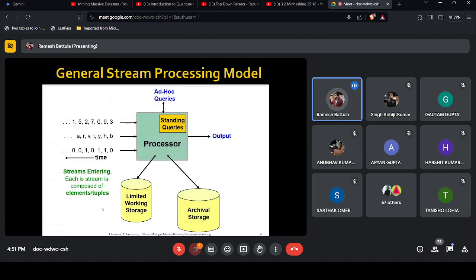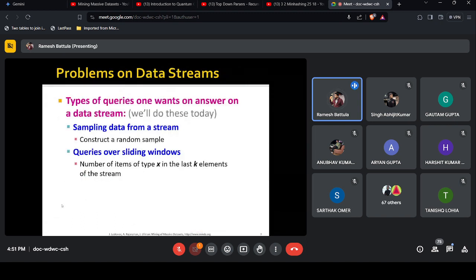With the help of the standard queries, and limited working storage and archival storage, meaning limited working storage is your cache memory and archival storage is your memory, you process and produce an output. This is the general stream processing model.